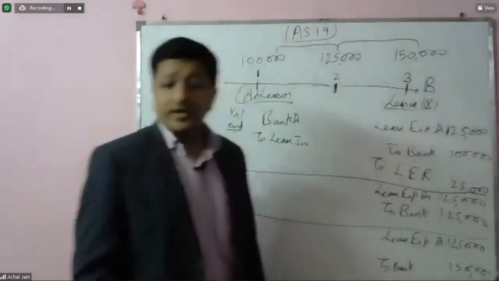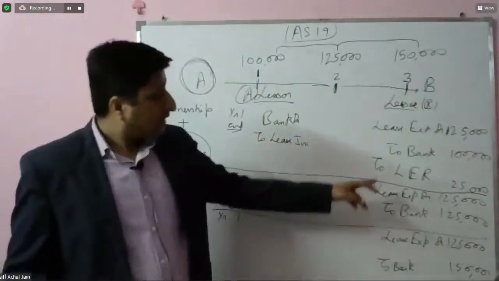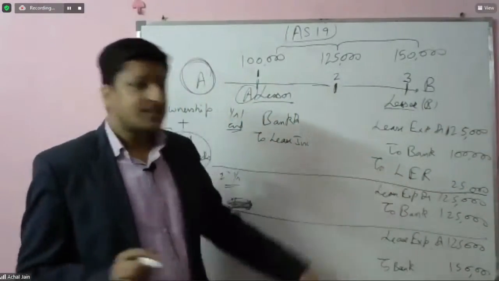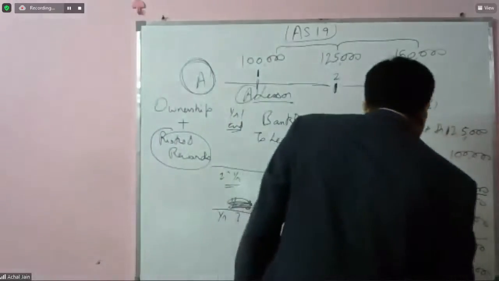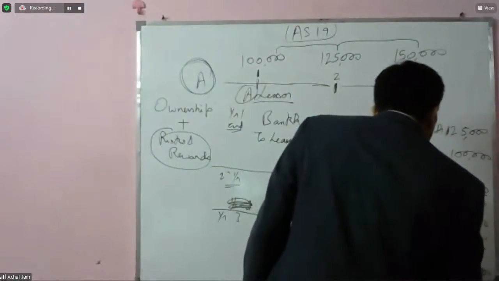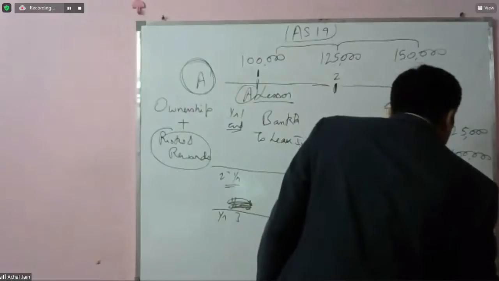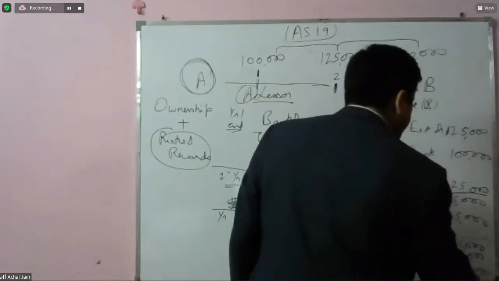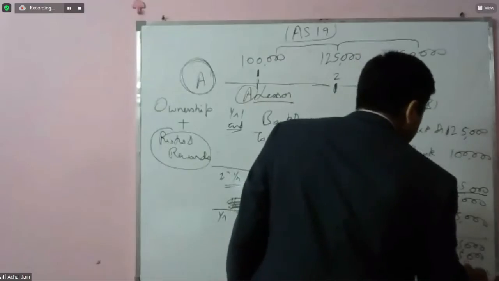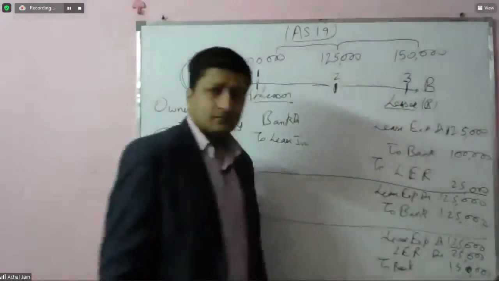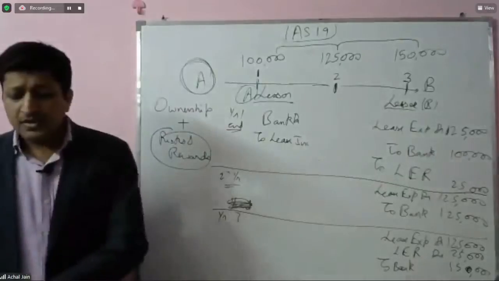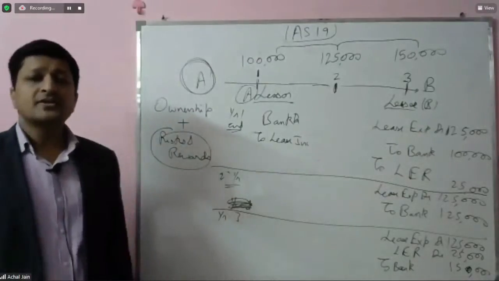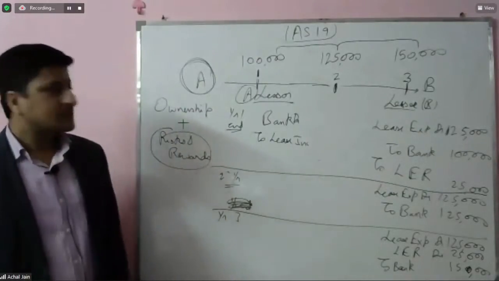So now this 25,000, where will it go? It will get adjusted with this lease equalization reserve. So we will debit lease equalization reserve 25,000. That is how it will get adjusted. This is called adjustment in relation to lease escalations.